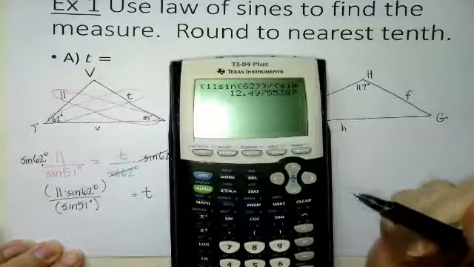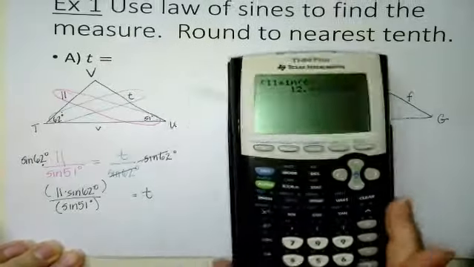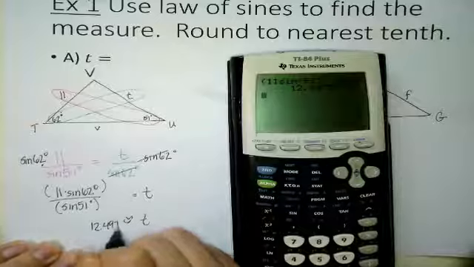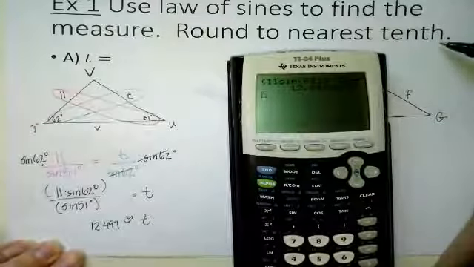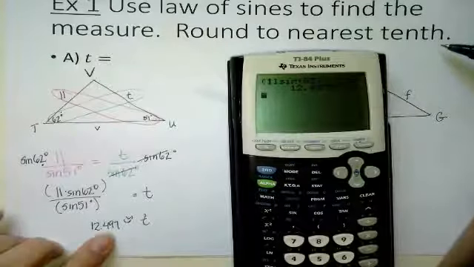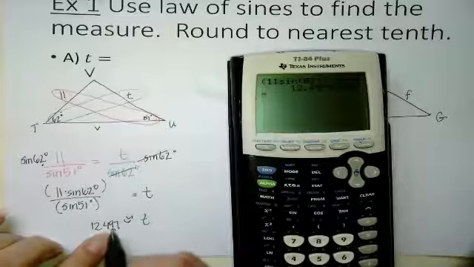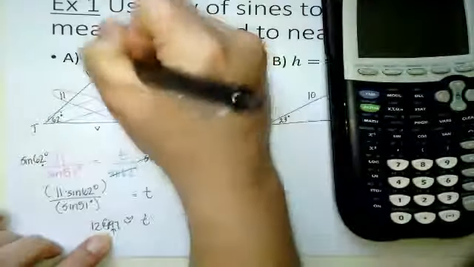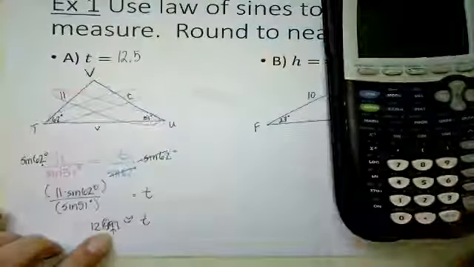So I get 12.497, so t is approximately 12.497. They're telling me to round to the nearest tenth, so we go to the hundredth spot. It's 5 or more, so that's going to round up our 4 to a 5. So 12.5.